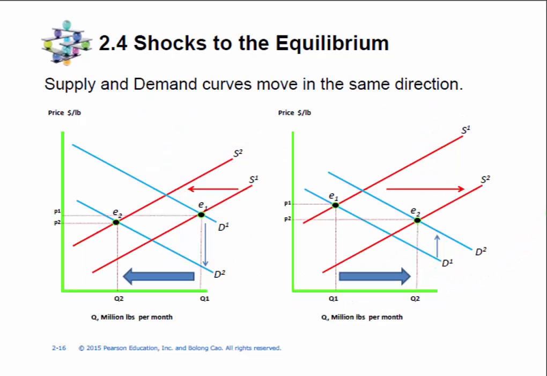So let me show you some more concrete examples for this. Let's say the supply and the demand curves move in the same direction. What I mean is that the supply decreases in this picture on the left, and the demand also decreases. Supply decrease, demand decrease.